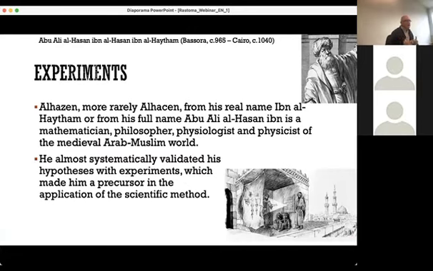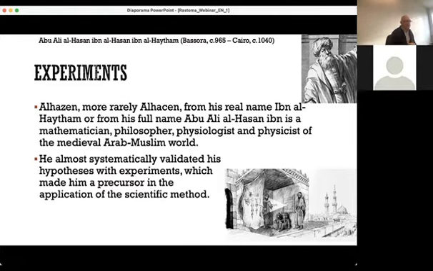Then another person very important in the concept of scientific activity is Alhazen. The true name is written at the top, but it is nearly impossible to say it. Alhazen was a scientist from Egypt or Iraq, from this region of Iran and Iraq.